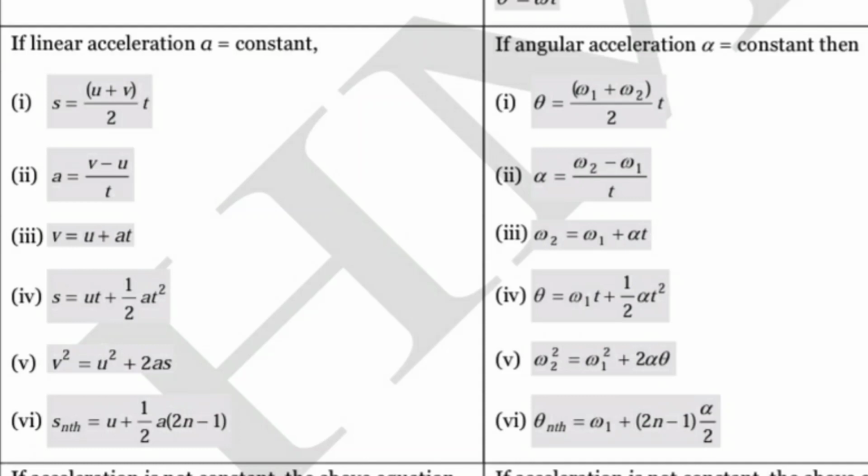Like that in rotational motion, theta equals omega 1 plus omega 2 by 2 into t. Omega 1 is the initial angular velocity and omega 2 is the final angular velocity. Like that we can use omega instead of velocity, alpha angular acceleration instead of a, and theta instead of displacement.